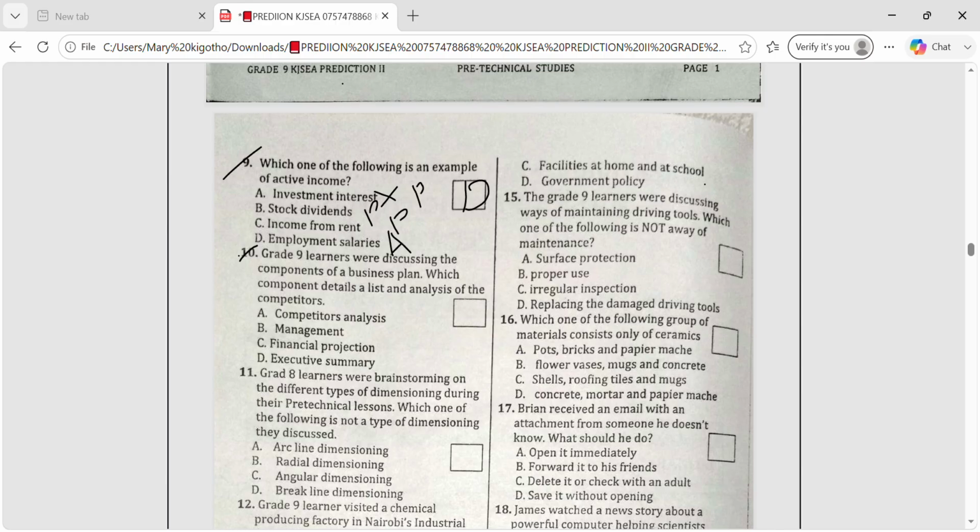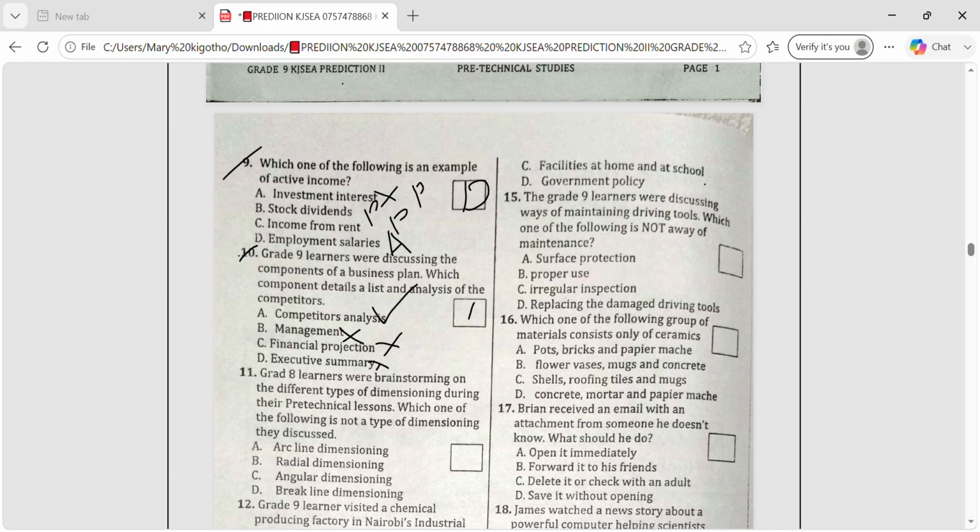And financial projection, expected income and cost. So let's match the question's clue, a list and analysis of the competitors, directs you to the definition of competitors analysis. So when you do that, we'll find that this is not there, this is not there, this is not there. So the correct answer is A.